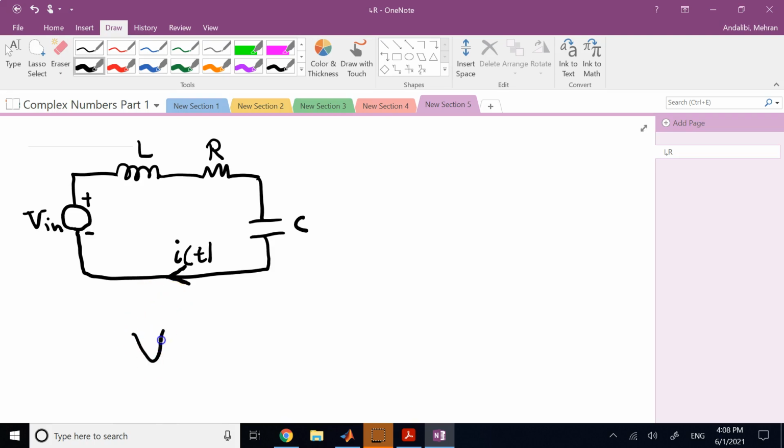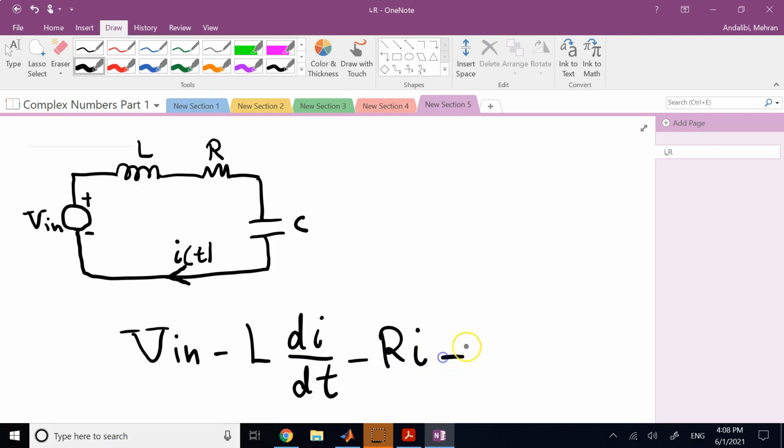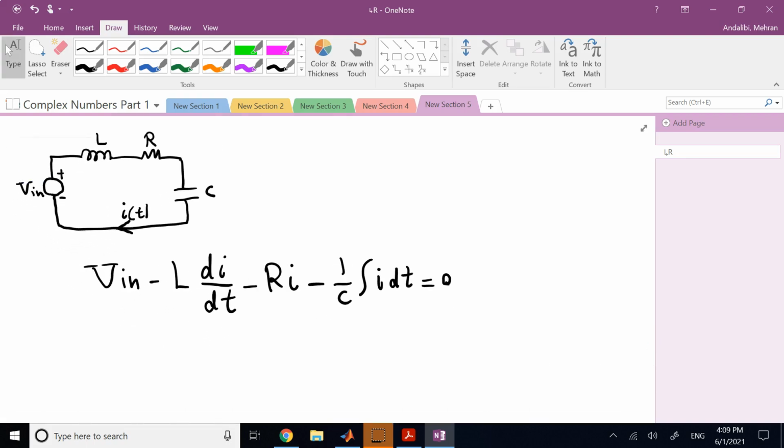And that is like Vn minus the drop over L, which is L di over dt, and minus the voltage drop across the resistance, which is R times I, and minus the voltage drop across the capacitor, which is 1 over C integral of I dt. This should be equal to 0.